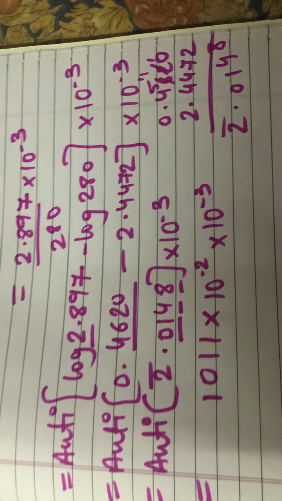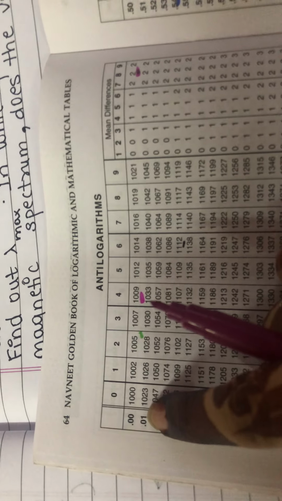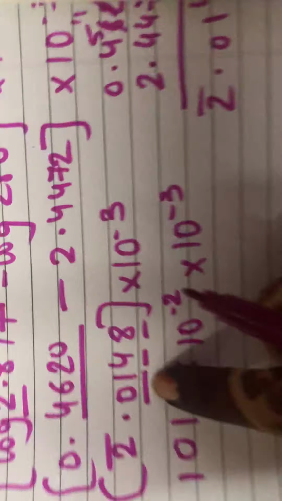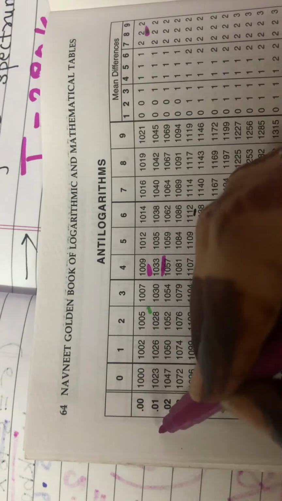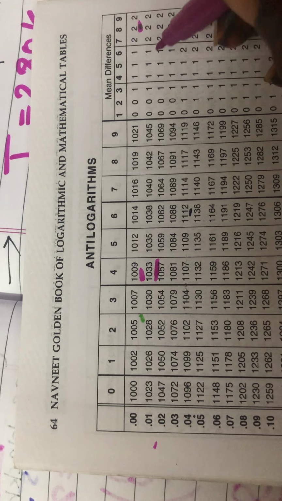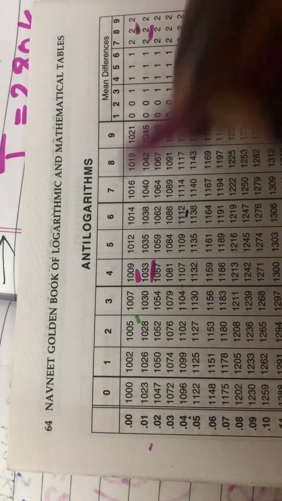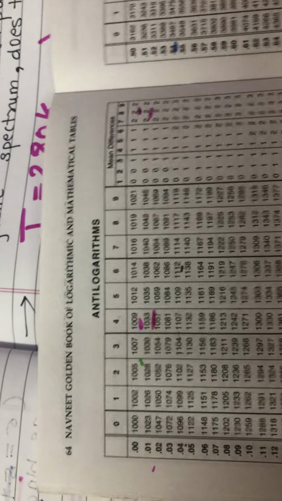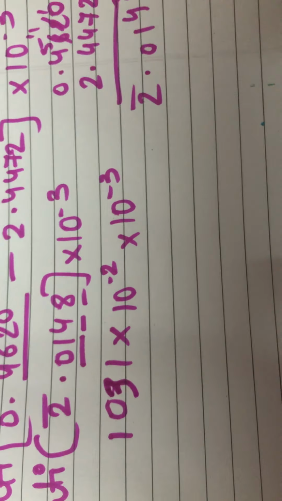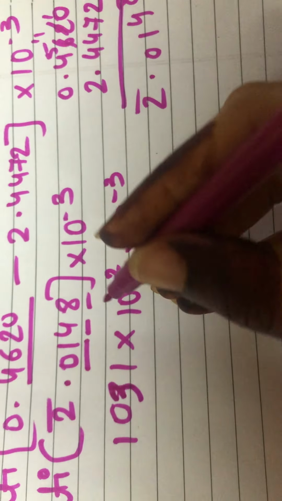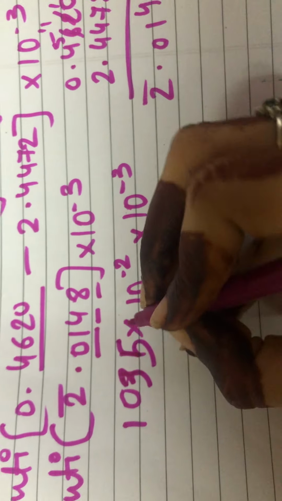Let's check for 0, 1, 4, 8. I was looking at the log at that time, but this is the antilog. For 0, 1, 4 and 8, it is 1033 plus 2, that is 1035.